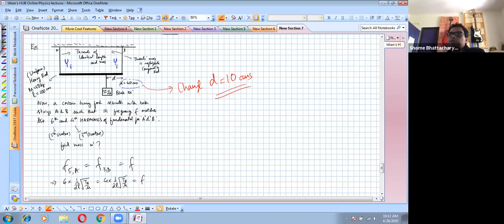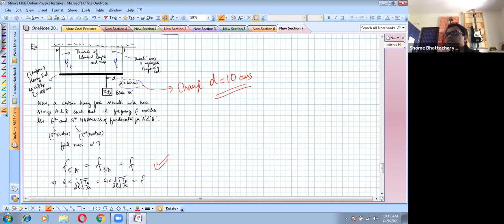Right. So now the same tuning fork, as you can see, is giving different harmonics with respect to A and B. It's resonating with the sixth harmonic or fifth overtone in A and the fourth harmonic or third overtone in B. So you have to find the condition on the mass M prime. First you start with this concept, that the same tuning fork's frequency F is resonating with the fifth overtone here or the third overtone here.